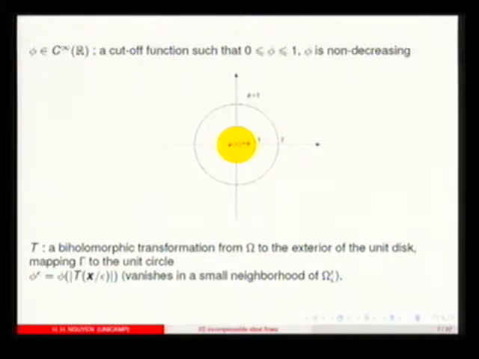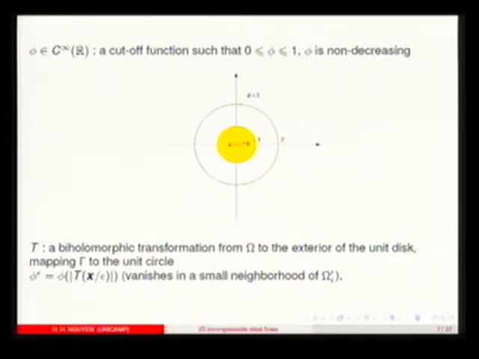Now, I construct psi, the cutoff function, which is 0 in this ball and equal to 1 in the exterior of this ball. And T is the biholomorphic transformation from the exterior of the obstacle to the exterior of the unit disk, mapping the boundary gamma of omega to the unit circle.